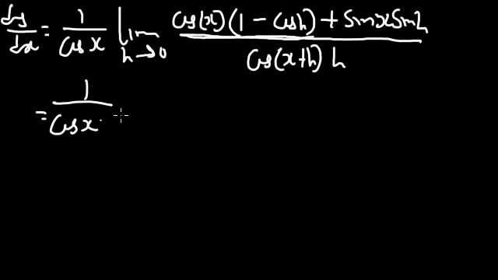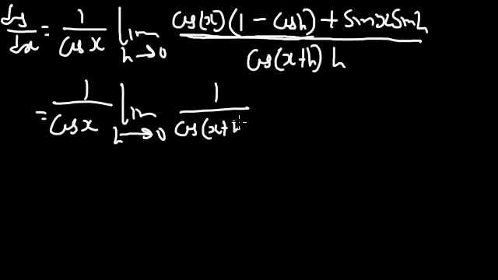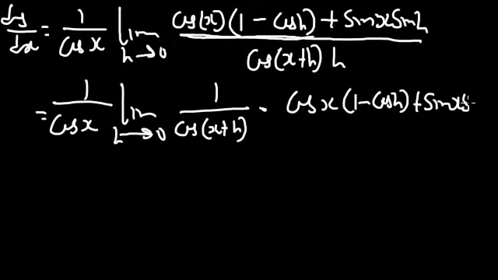So 1 over cos x times the limit as h approaches 0 of 1 over cosine x plus h, times cosine x times 1 minus cos h, then plus sine x sine h divided by h.